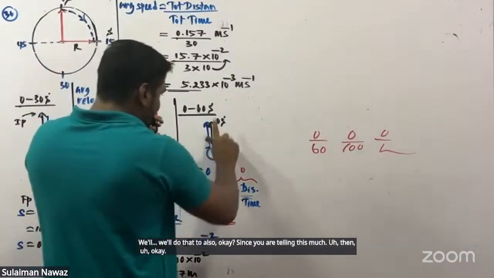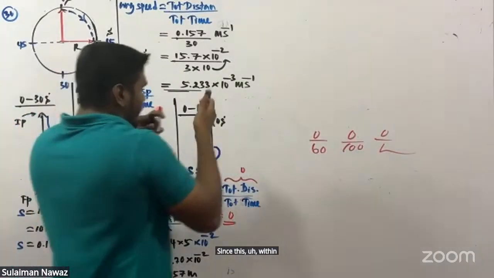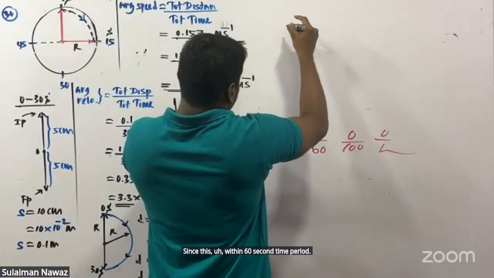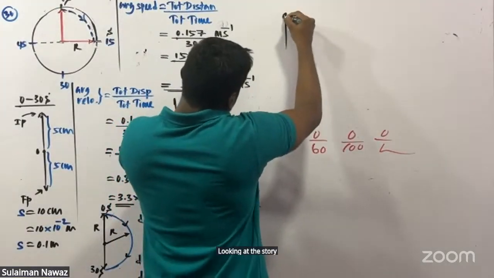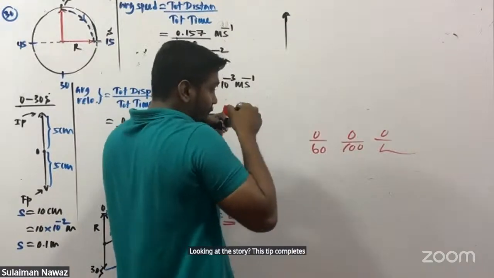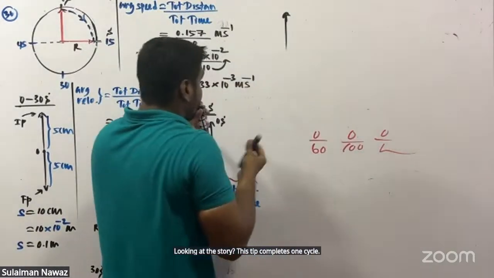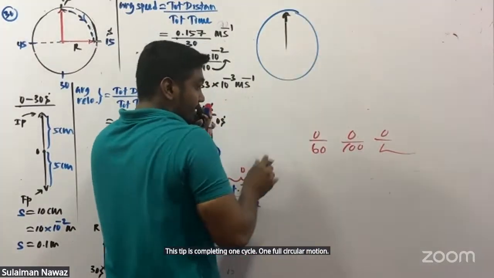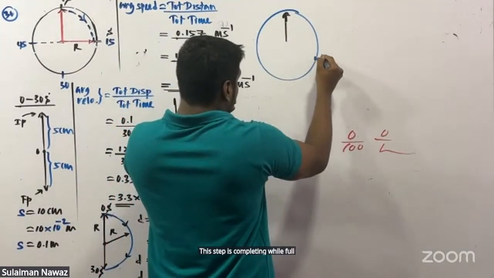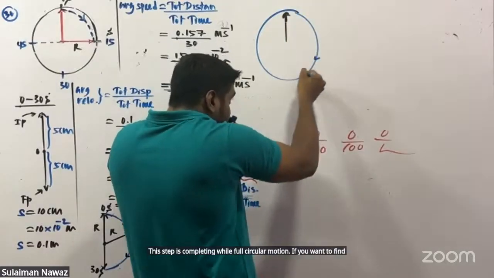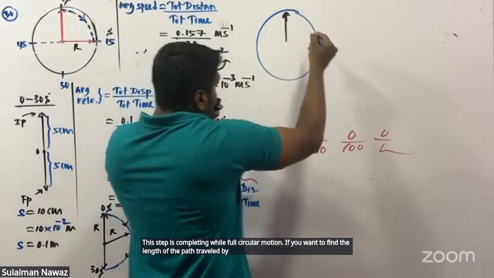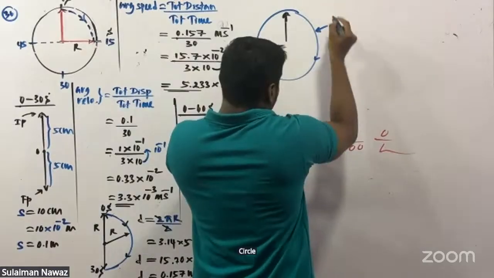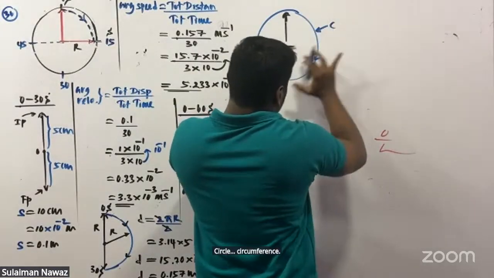Within the 60-second time period, the tip completes one cycle, one full circular motion. If you want to find the length of the path traveled by the tip, it is the circle's circumference, the distance 2 pi r.